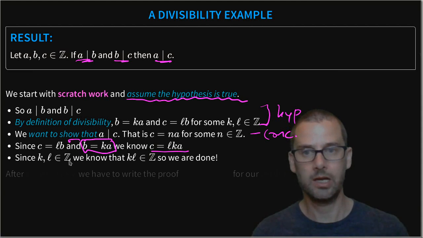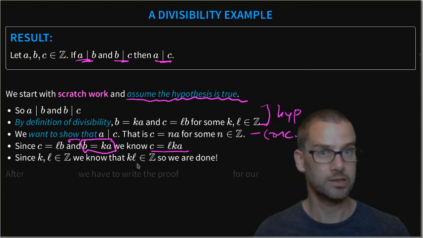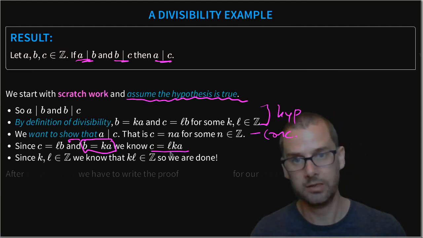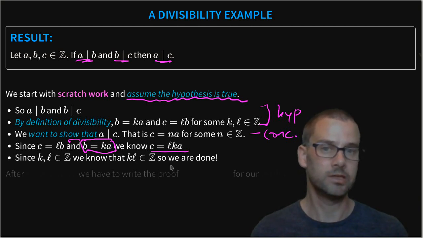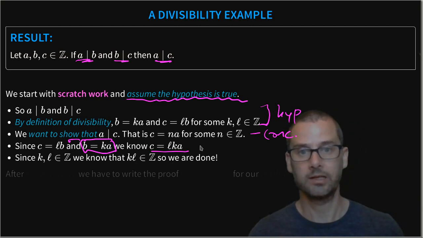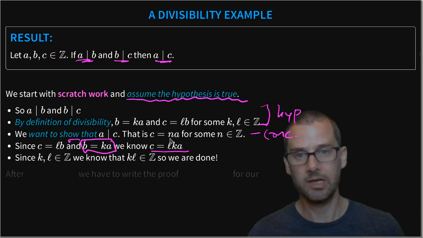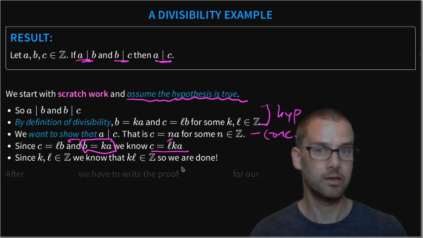Well, since K and L are integers, we know that K times L is an integer. That was one of our axioms back at the start. So KL is an integer. And we're done. We've shown that C is some integer times A.